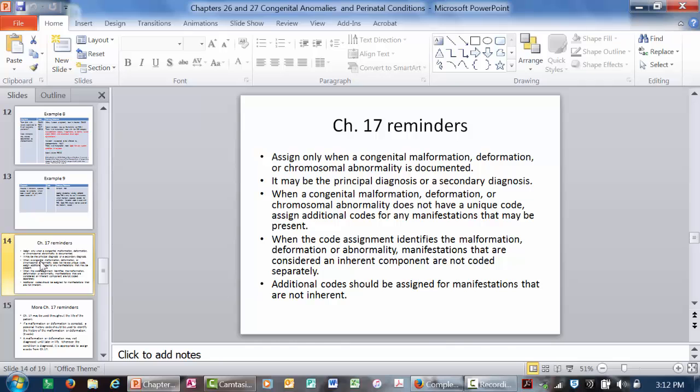In a code assignment that identifies a malformation, a deformation, or an abnormality, the manifestations are inherent as part of that, and if they were not, then you would be assigning those.